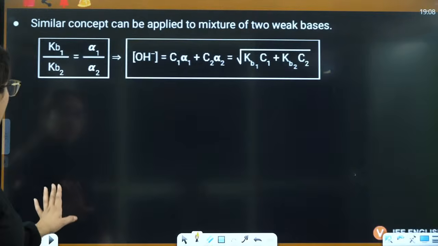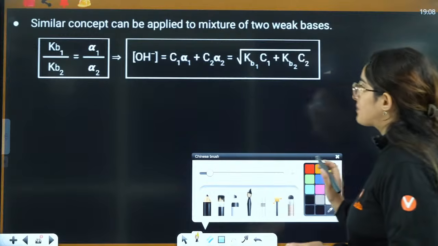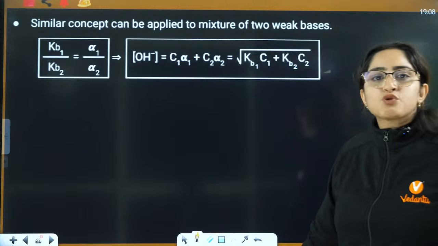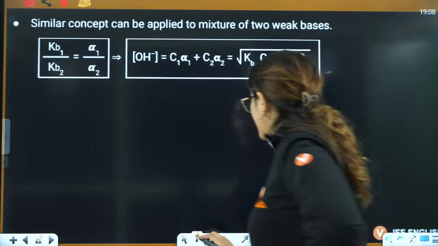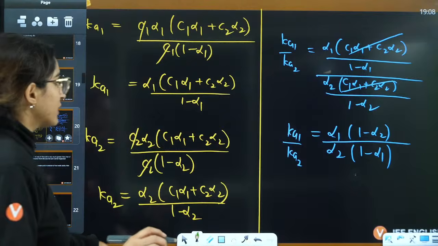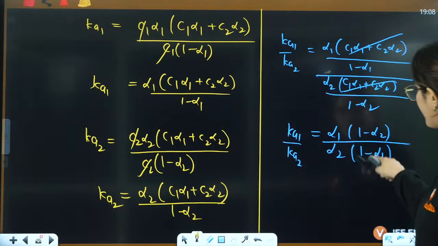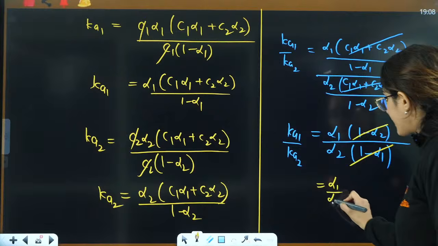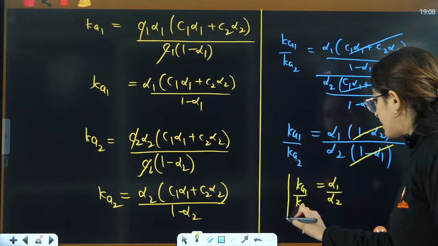Now let's see the next thing. From a similar concept, Kb1 by Kb2 is equal to alpha 1 by alpha 2, and the OH negative concentration is going to be like this. Just like here we have calculated Ka1 and Ka2, if alpha is very small, this will be cancelled, and Ka1 by Ka2 comes out to be alpha 1 by alpha 2.